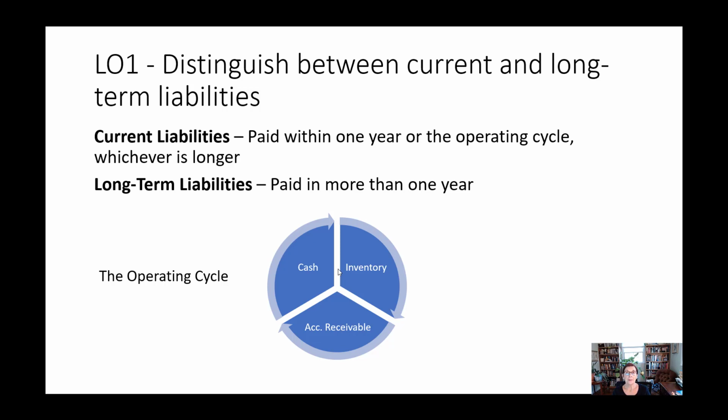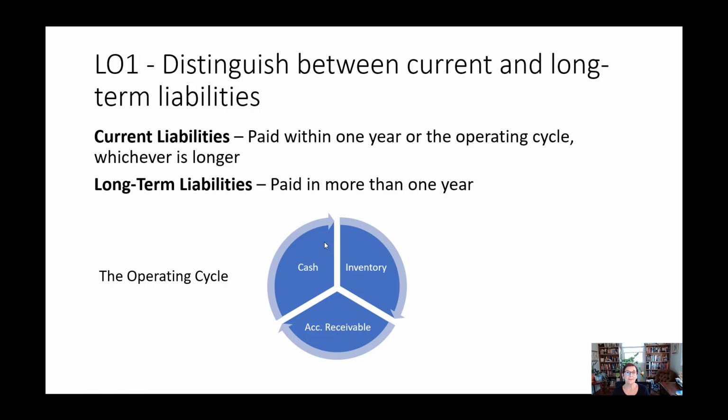Now, think for a minute, can you think of any company that might take longer than a year to do this, to get cash, provide goods or services, buy the inventory, get the receivable, and collect the cash again? Well, if you said, let's say, possibly a builder that's building a very large building, or maybe a winery or a company that makes whiskey, a distillery, right?